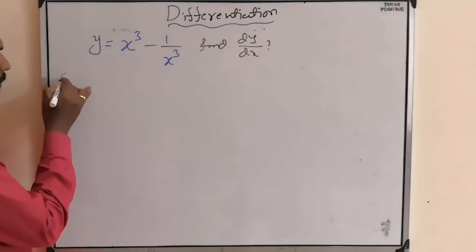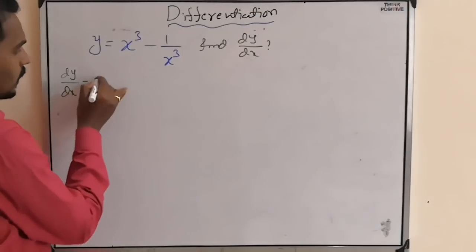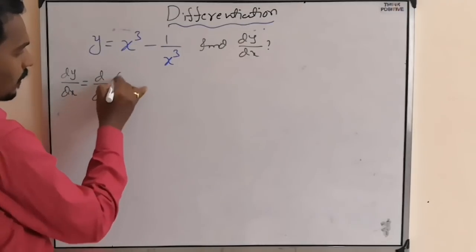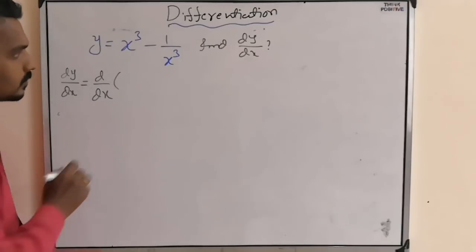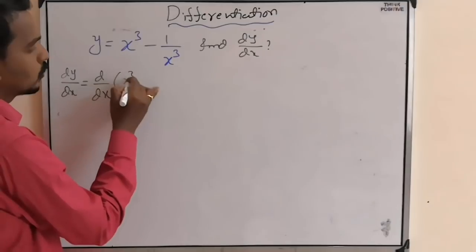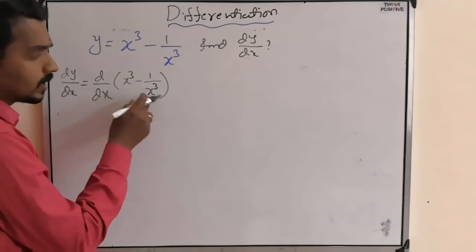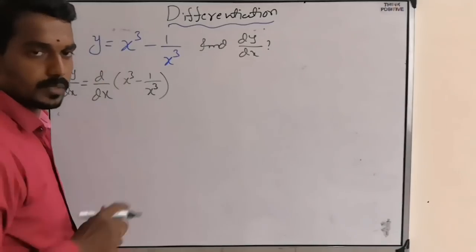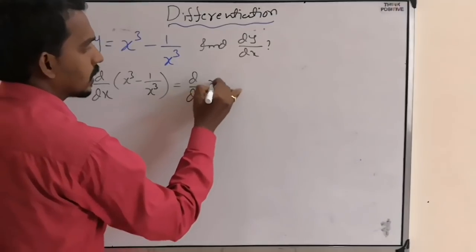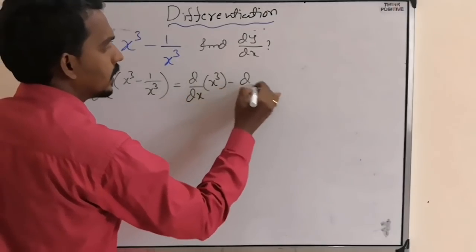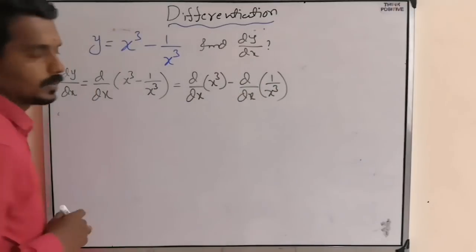So first step, dy by dx equal to d by dx of x cube minus 1 by x cube. How many terms are there? 2 terms. Then write the separate one: d by dx of x cube minus d by dx of 1 by x cube.